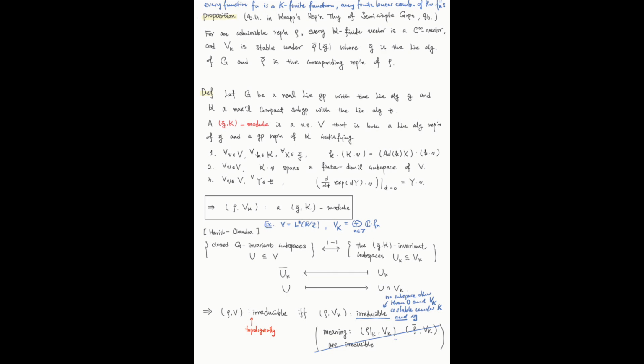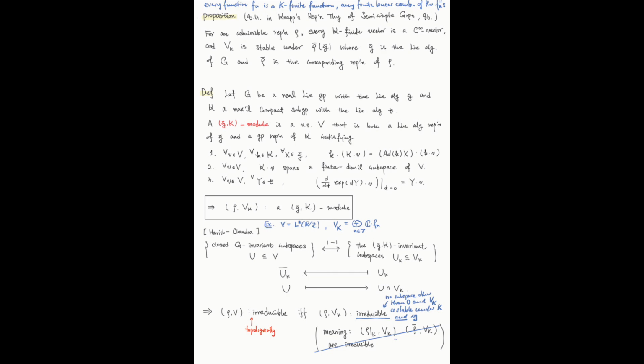You can usually construct lots of non-closed subspaces by taking any non-zero vector in your vector space, letting each group element act on this vector, and then taking the span of all these elements. By its very definition, this is an invariant subspace, but it's basically never closed.